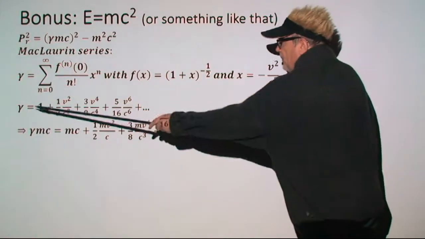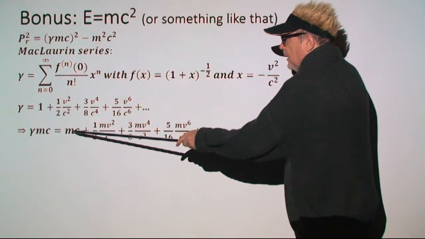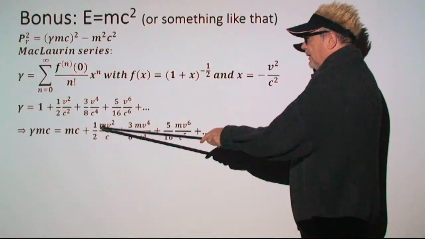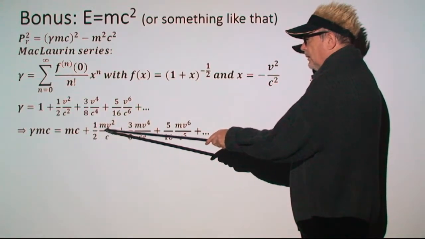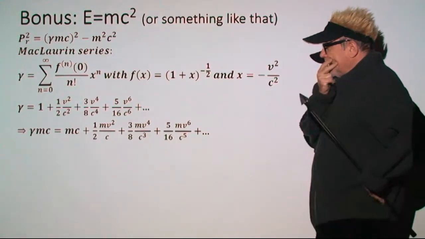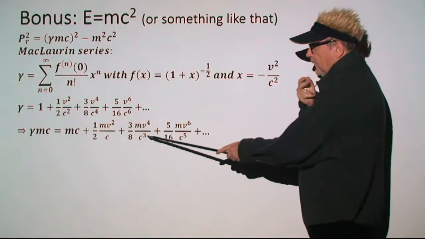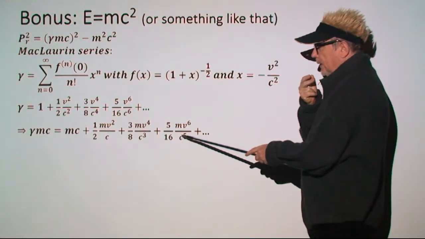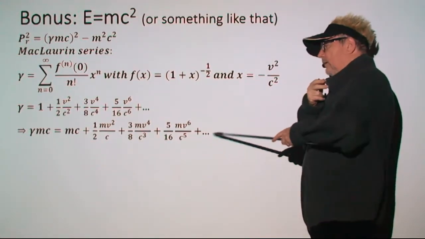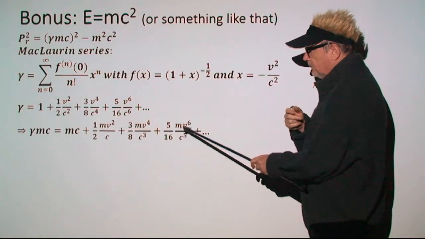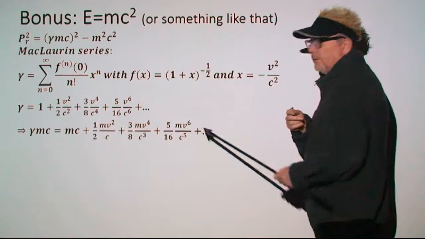So you get gamma mc is equal to mc plus 1 over 2 times mv squared over c. And then some negligible terms here, because c cubed and c to the power fifth and even bigger powers in the denominator mean that these numbers are negligible.